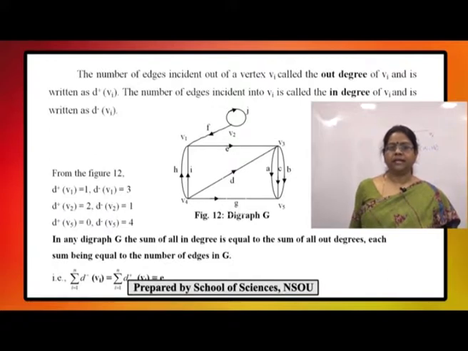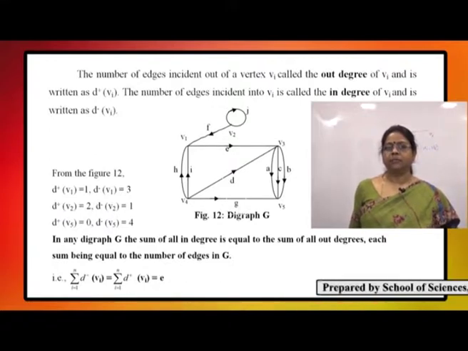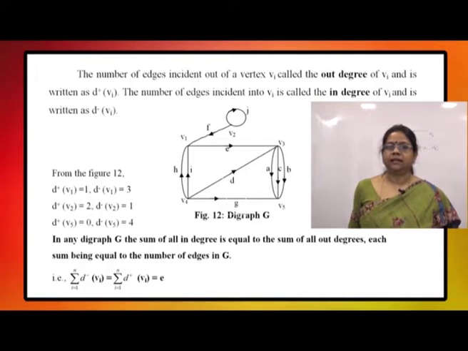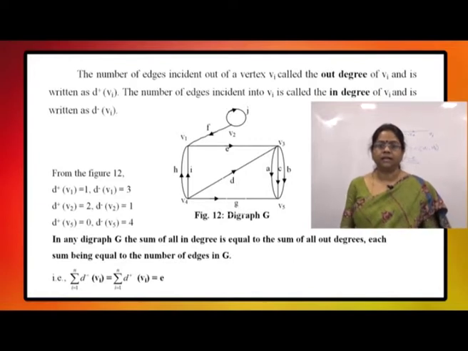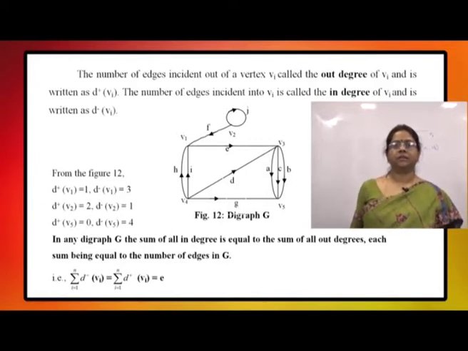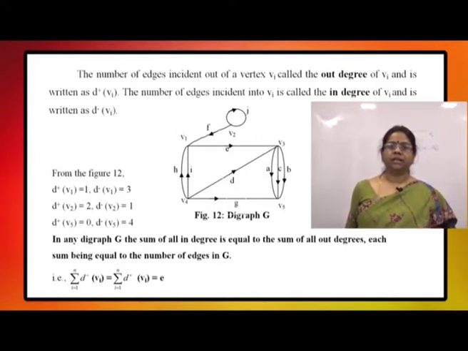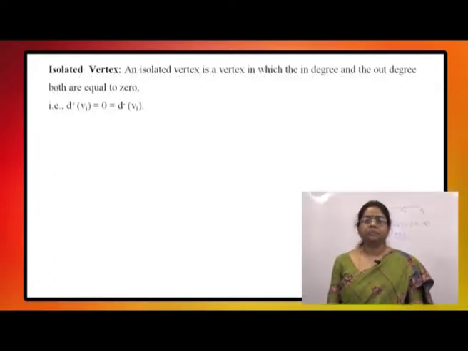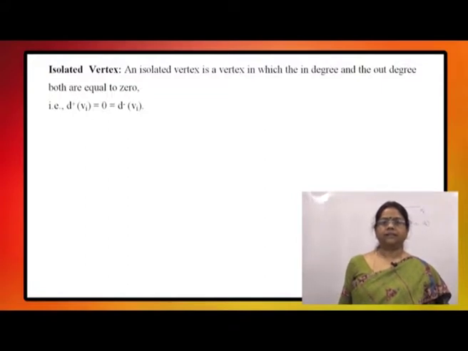So obviously in any digraph, the sum of all in degrees is equal to the sum of all out degrees, and each sum being equal to the number of edges E in G. So we get this equation, summation d minus Vi equal to summation d plus Vi will be equal to the number of edges E.